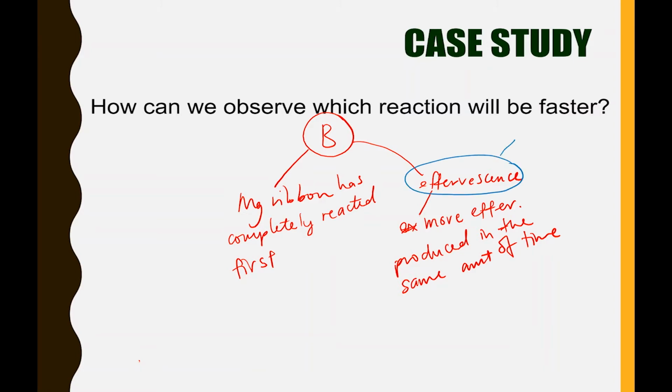Metal plus acid will give me salt and hydrogen gas. So what caused the effervescence is most likely, obviously, the hydrogen gas. So the gas caused the effervescence. So how can we then quantify that B produced more gas in the same amount of time?